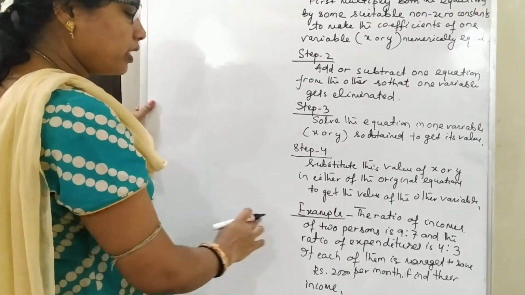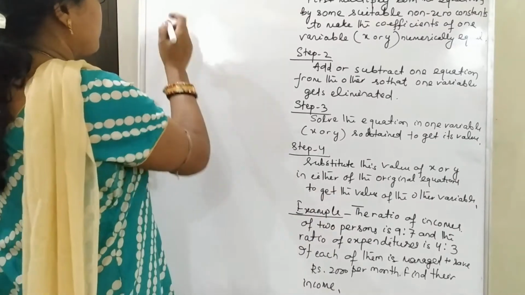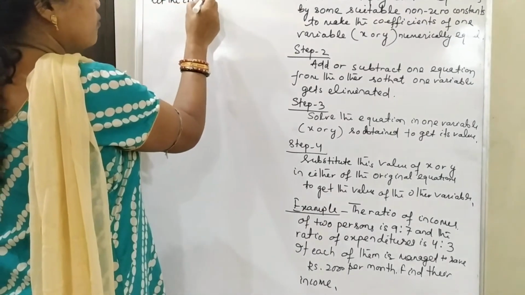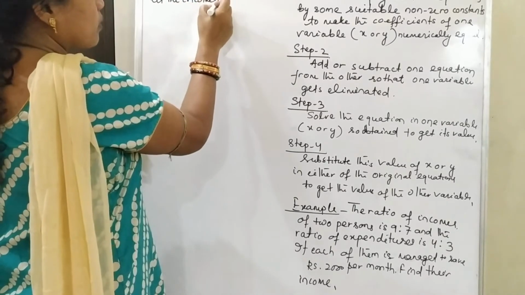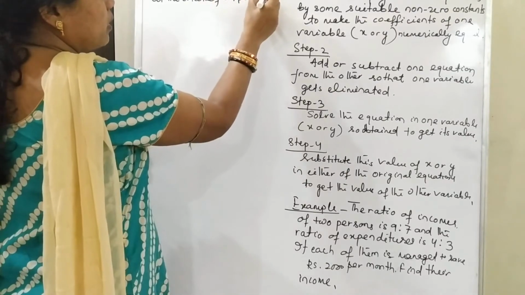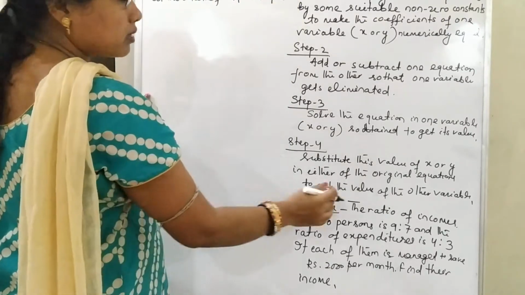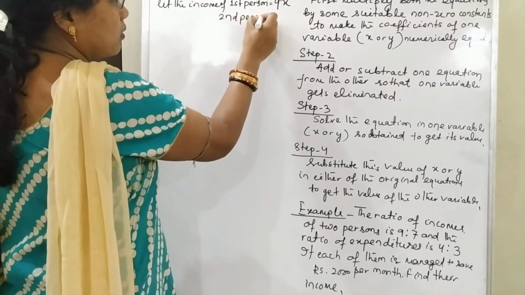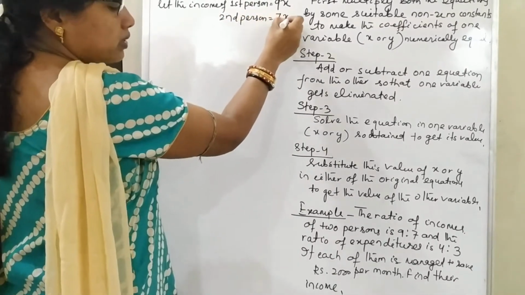The ratio of the income is 9:7. So let the income of the first person be 9x and the second person be 7x.